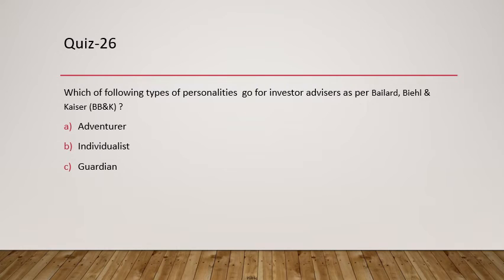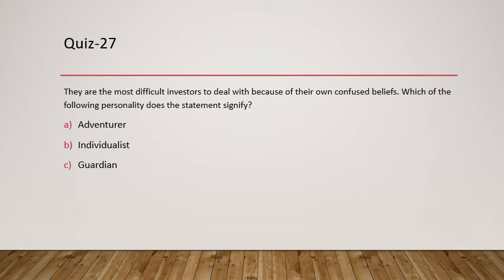We move on to the 26th question. Which of the following types of personalities go for investment advisors as per the BBK model, and they are called celebrity? Celebrities are not film stars and cricketers essentially. Celebrity has a definition in the framework, so you need to go through that to understand it. Let us move to question 27.